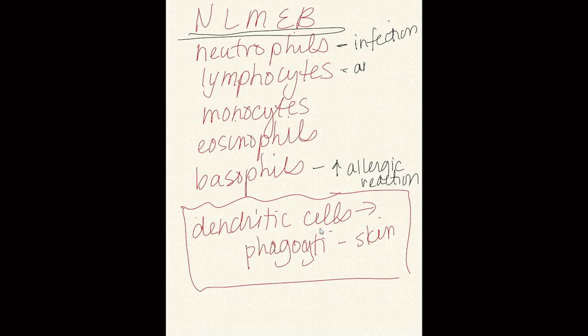Lymphocytes are going to make antibodies. You already know those, so you want to know when they're going to increase. Eosinophils go up if you have a parasitic infection, and allergic response too. Monocytes go up when there's a viral infection.